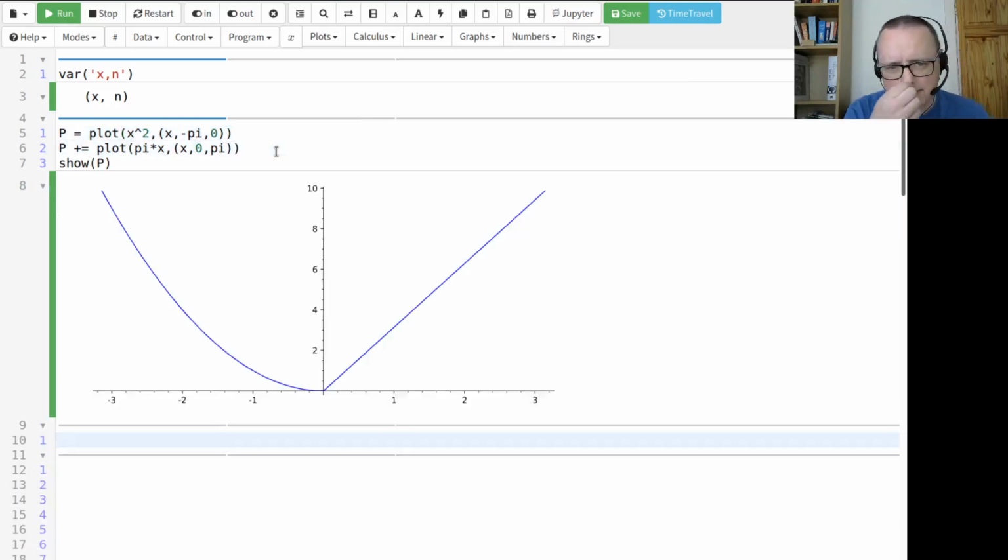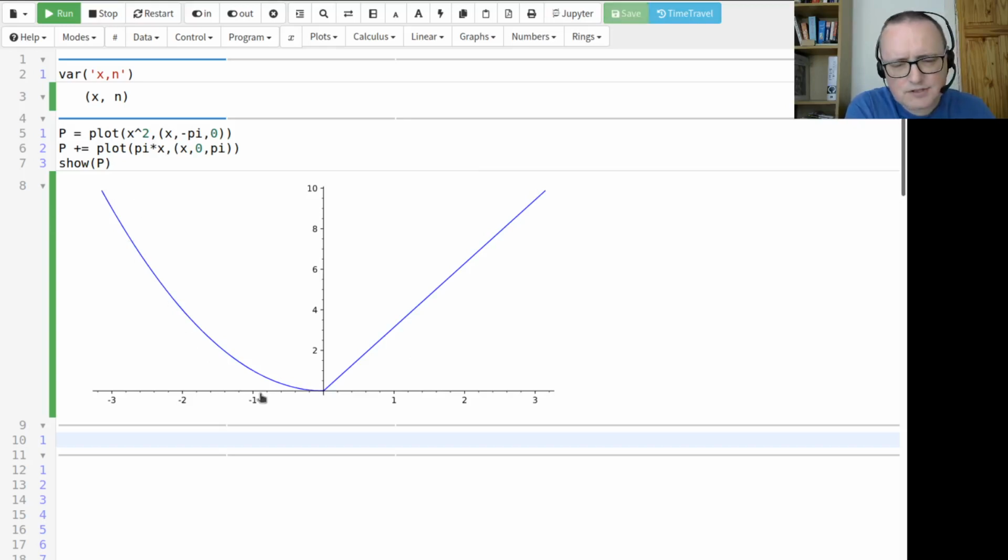And when I execute this, we get what we're expecting, the graph. So it's x squared on the negative half, starting up here around the value pi squared, goes down to 0, and then on the positive half it's this straight line pi times x, and it returns to the value of pi squared at the end of the interval.